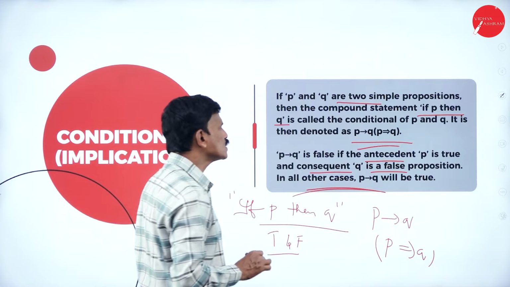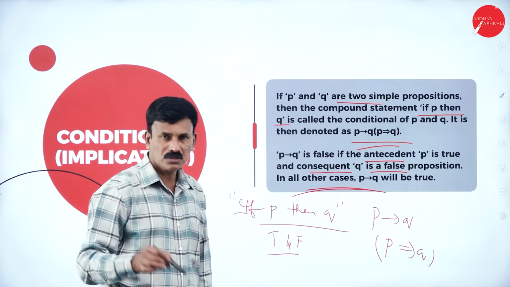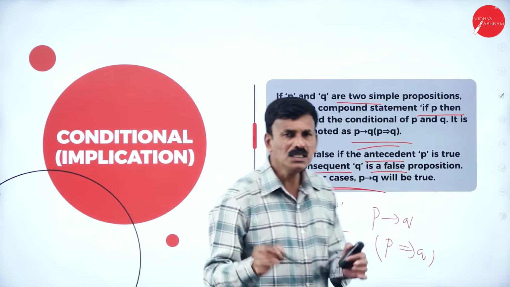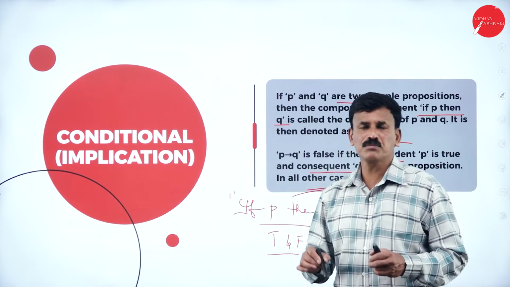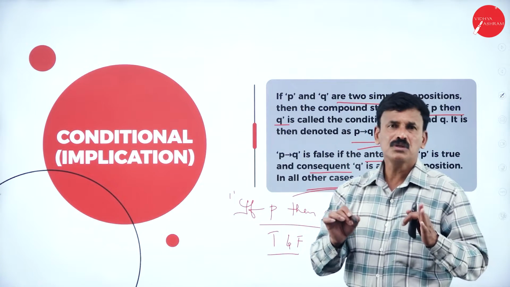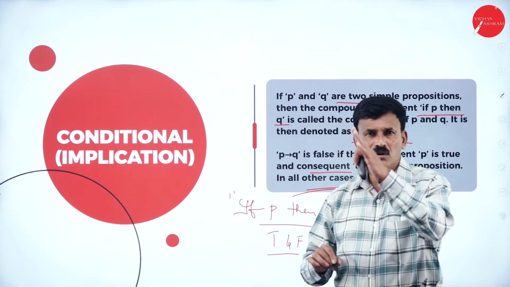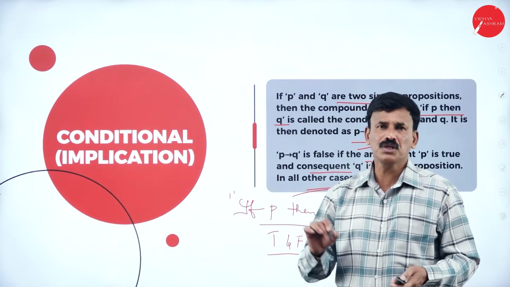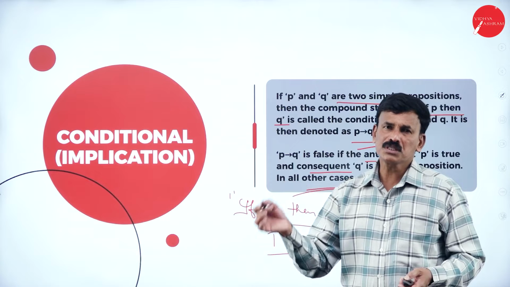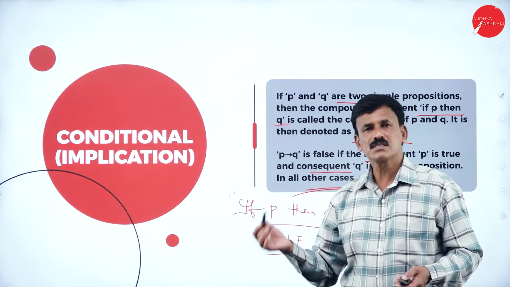In all other cases it is true. So, in case of a conditional statement, if P is true and Q is false, then P conditional to Q is false. In all other cases it is true. True and true is true, false and true is also true, false and false is also true.